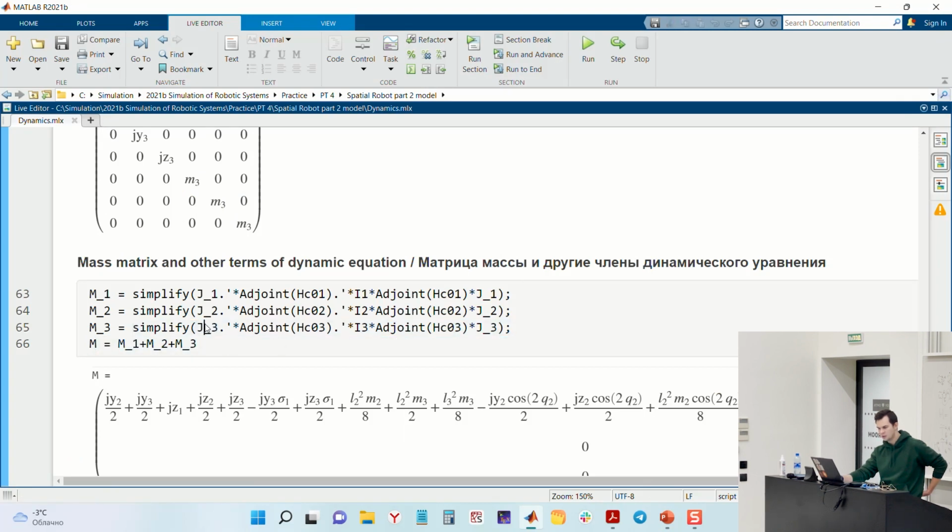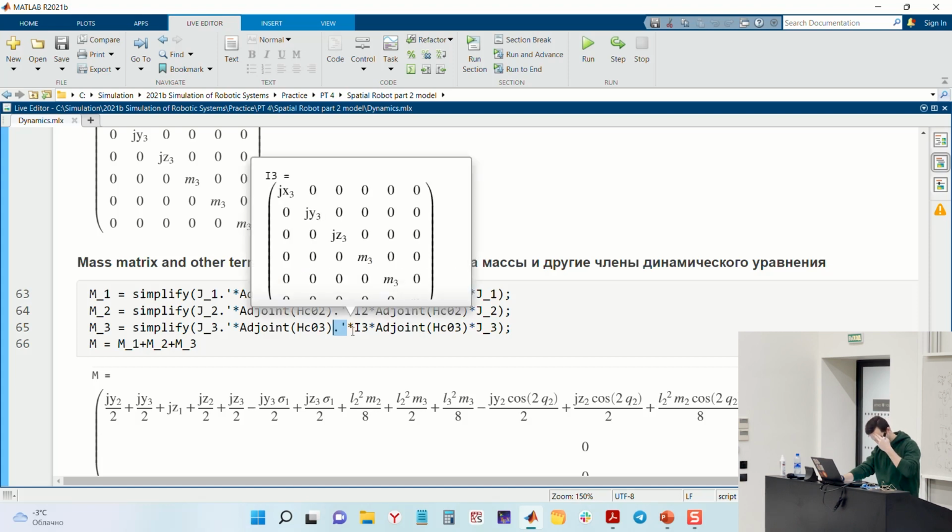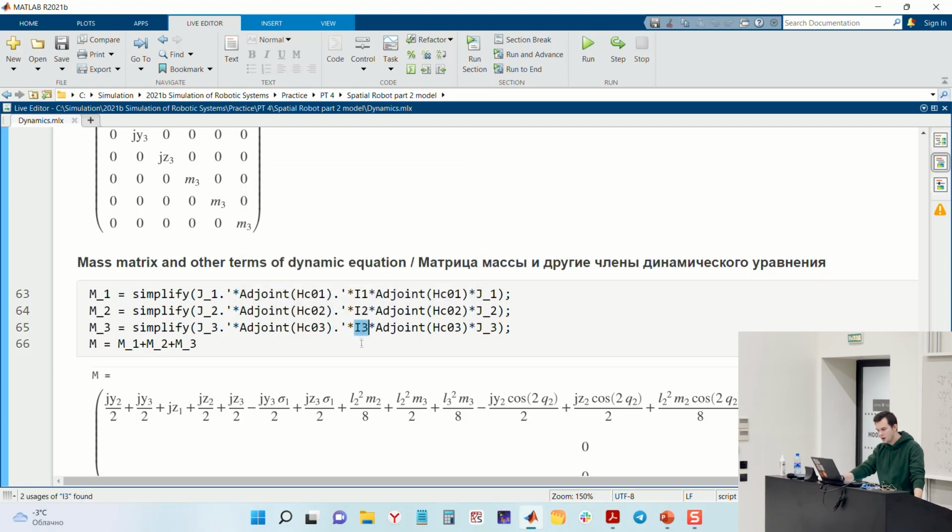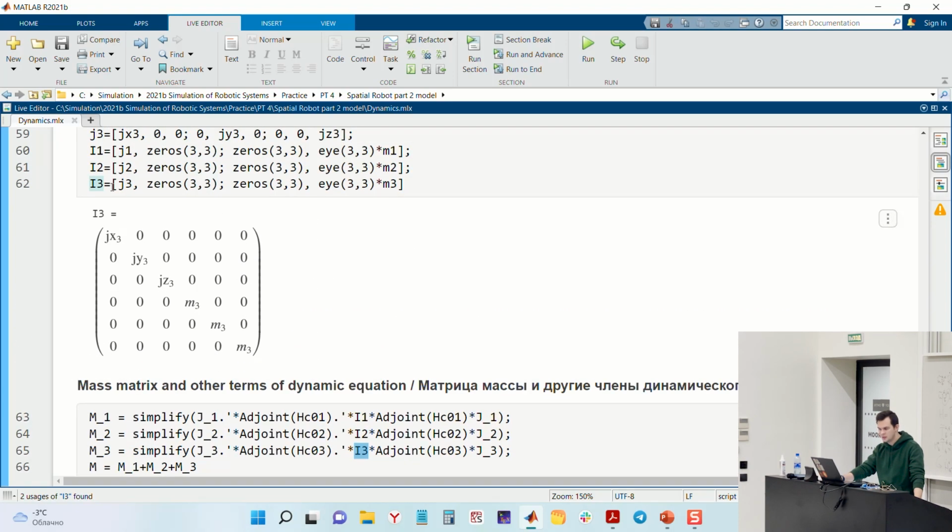So the corresponding Jacobian adjoint for the center of mass. It's actually the principal frame, the one where you have the center of mass, transpose. That with the prime is transpose. I3 is the tensor of inertia.